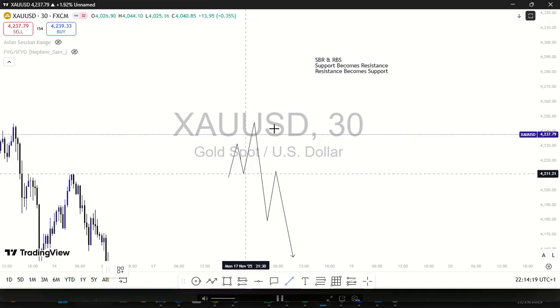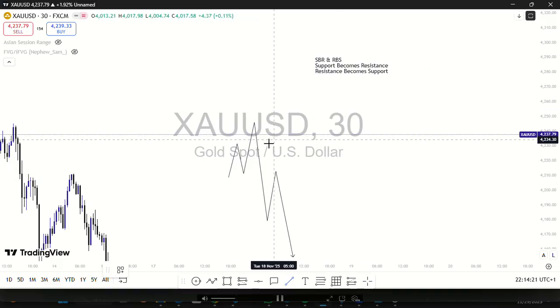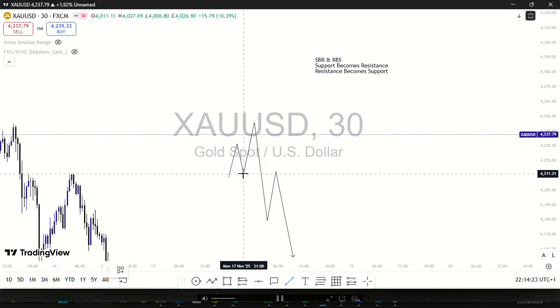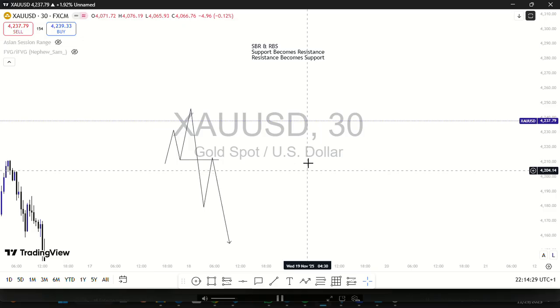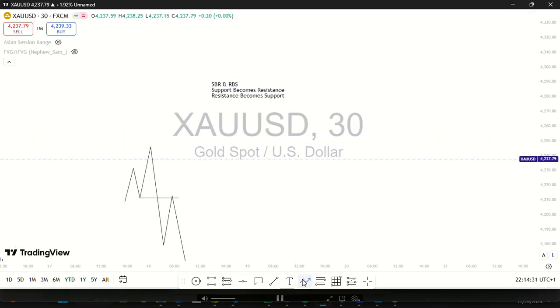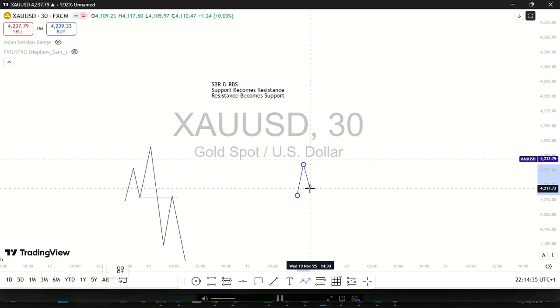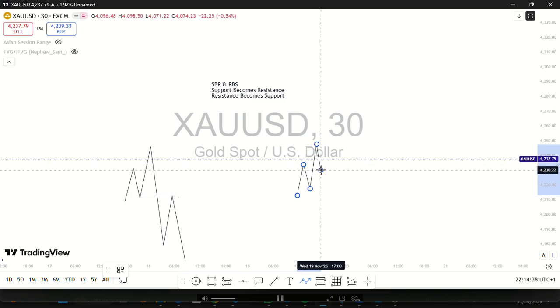So let me explain what I mean by support becomes resistance and resistance becomes support. We all know that in trading, the normal things we expect are things like supply and demand. For instance, price is going up like this.